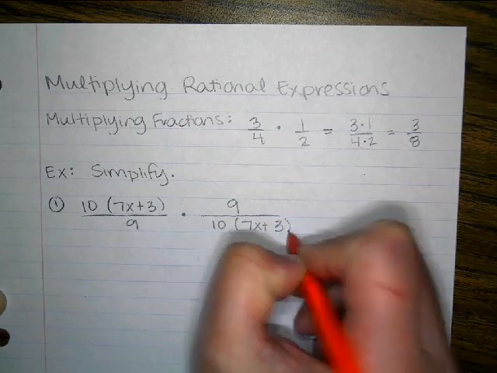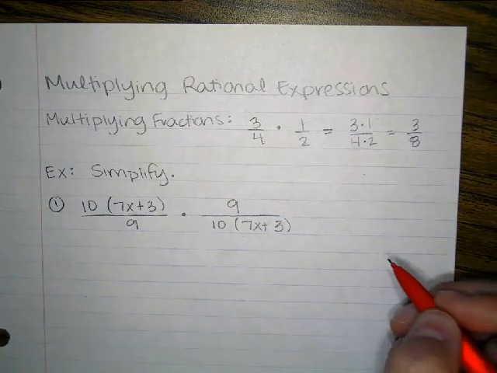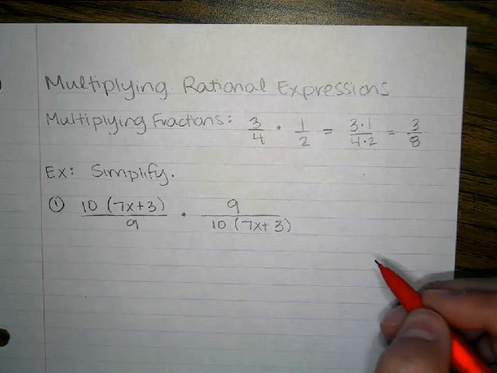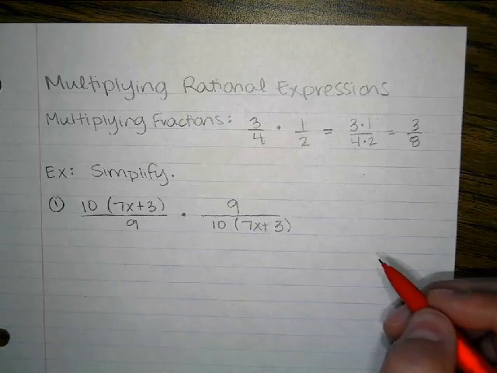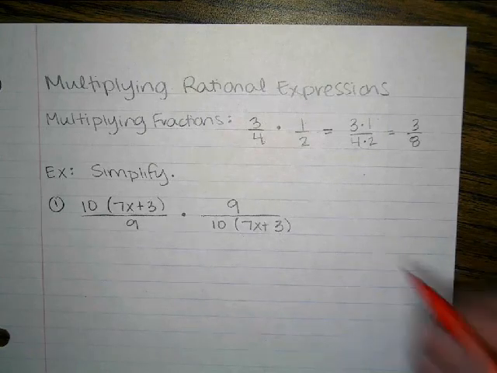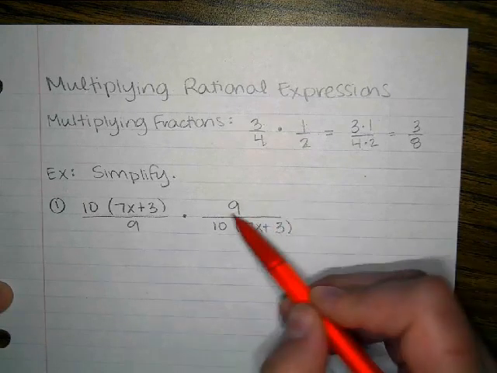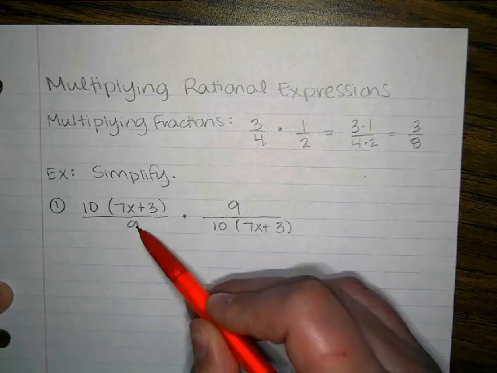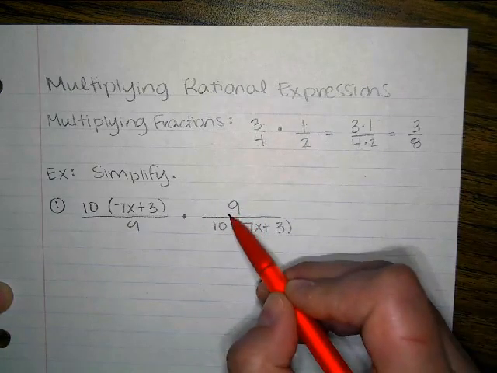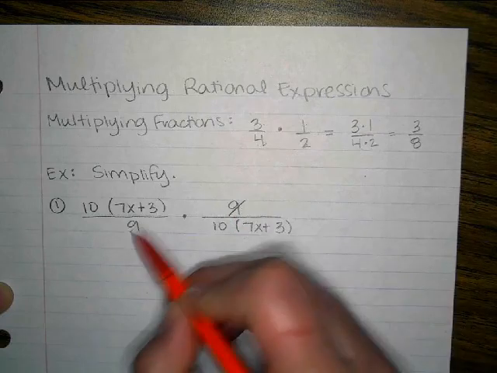So we've got two fractions going on here. We're going to do just like we did yesterday. We look at things that are the same on the top and the bottom and cancel them. Multiplying by 9 and dividing by 9 cancel each other out, so I'm going to cancel the 9 with the 9.